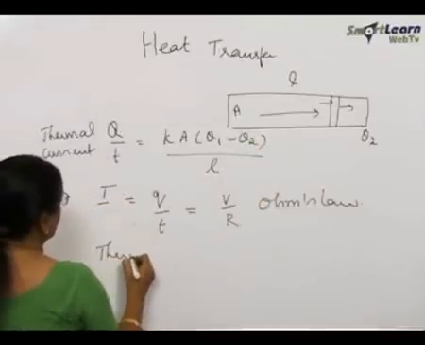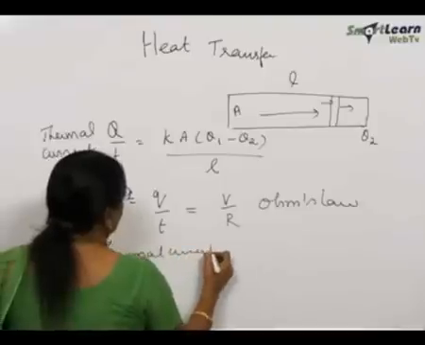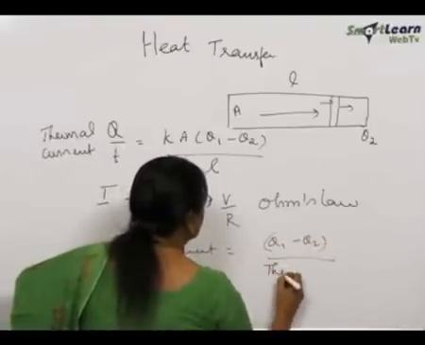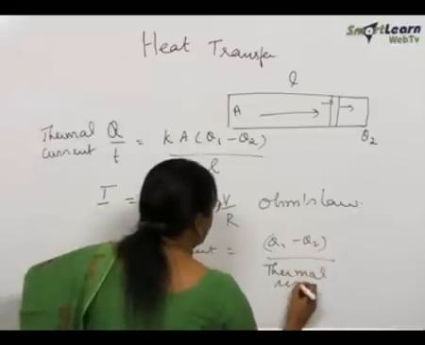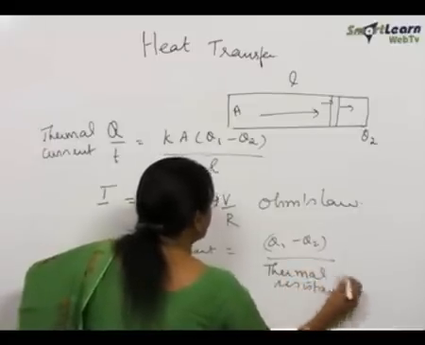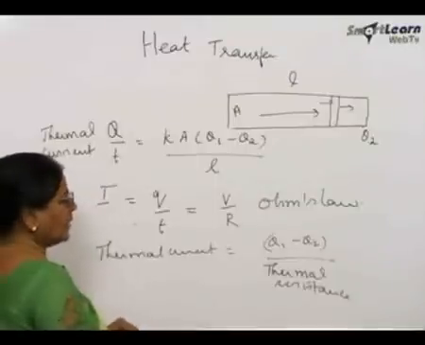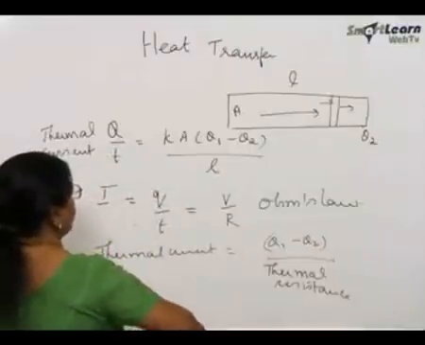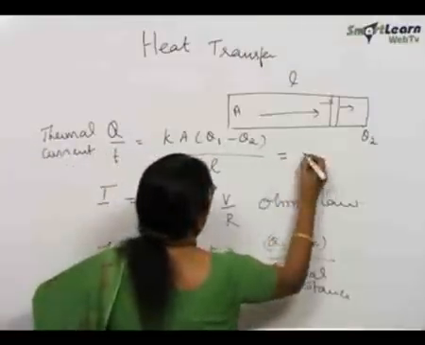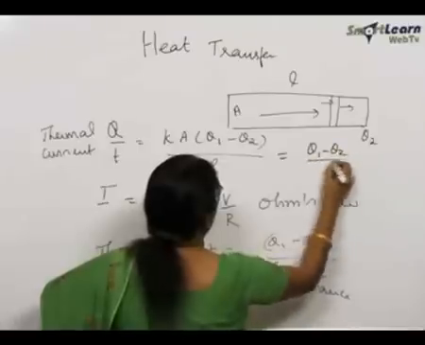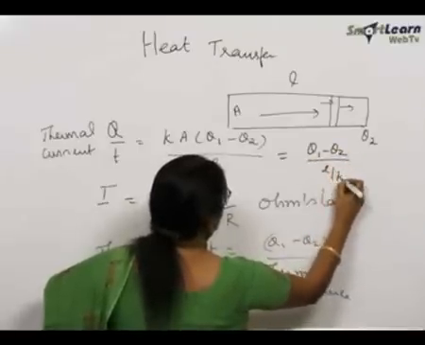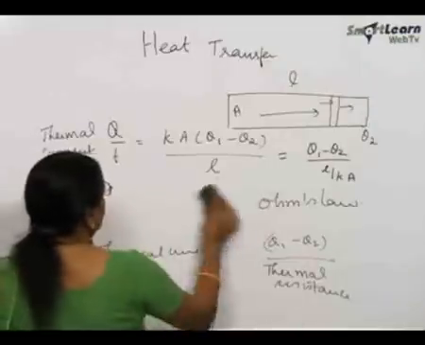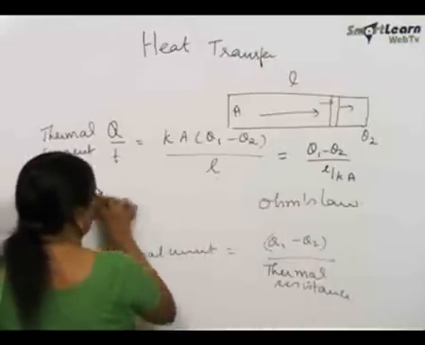So thermal current is equal to (theta 1 minus theta 2) by thermal resistance. In the place of electric resistance, we have thermal resistance. So rewrite this equation, keeping only the difference in temperature, so it will become L by K A. So the term L by K A corresponds to thermal resistance.